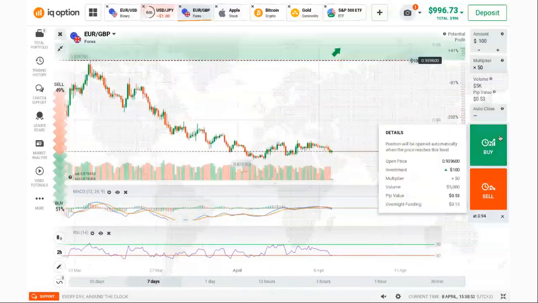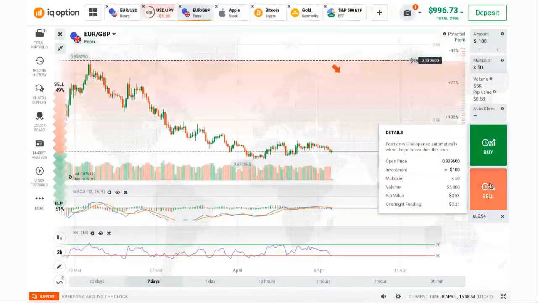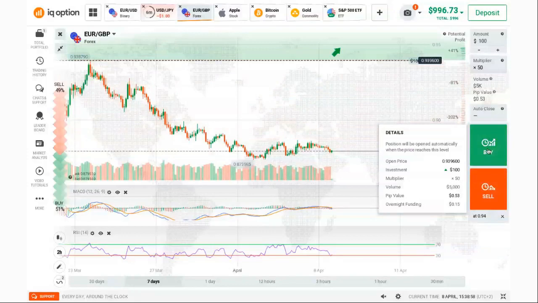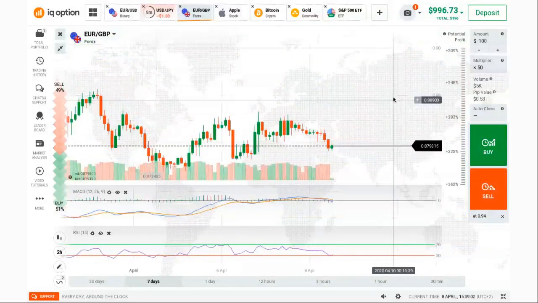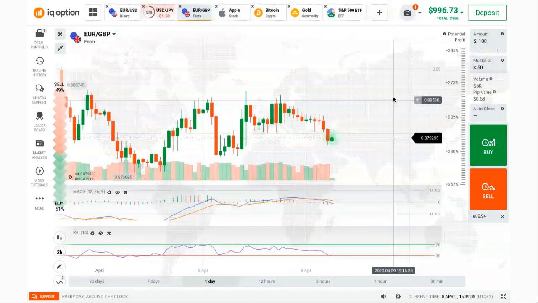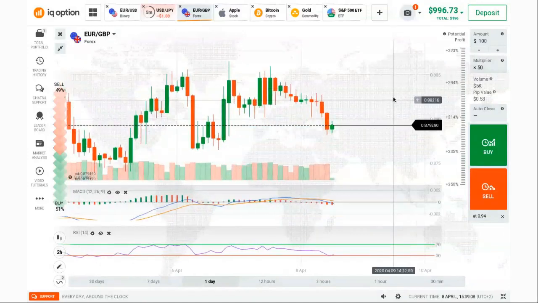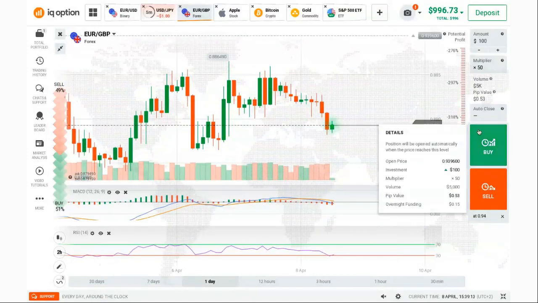Can you see the details are blocking? That's annoying. Can you see where we have our buy and sell? Depending on what we're trading, the multiplier will amplify our profits, but it will also amplify the speed that a trade can close. And that's something which is important to understand.